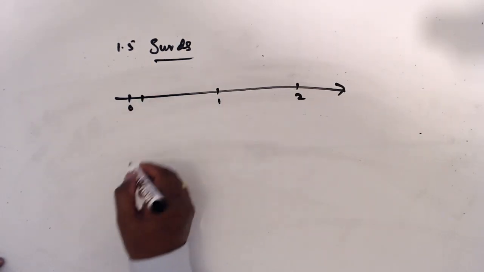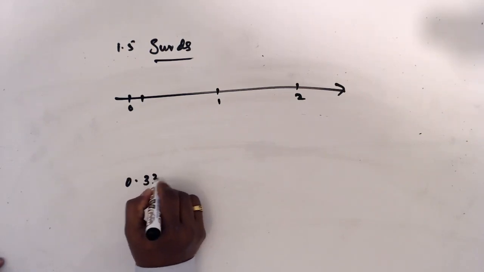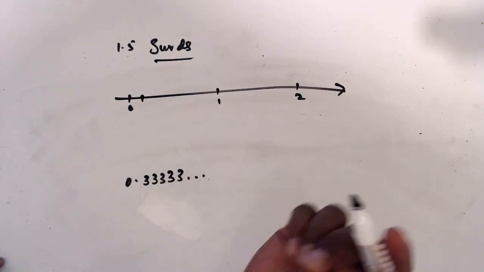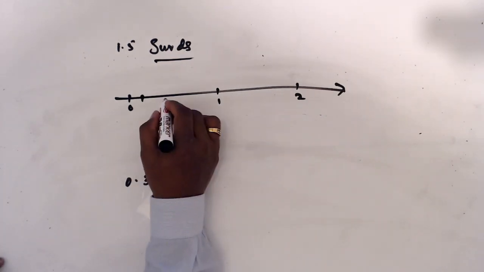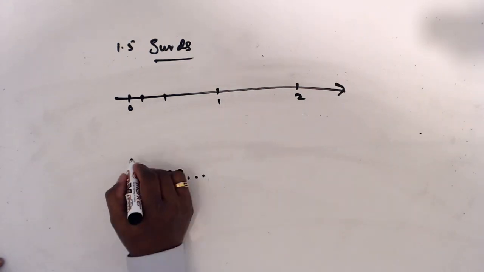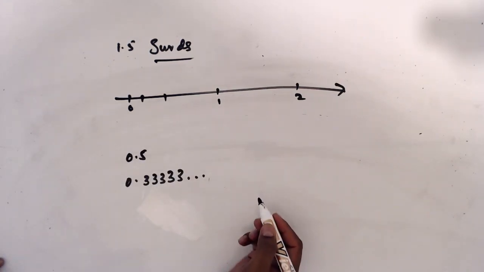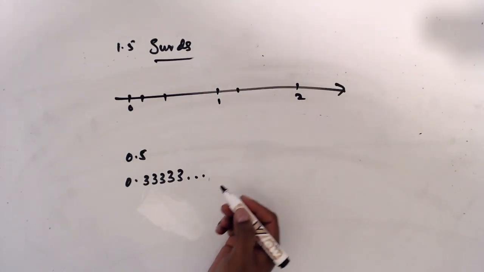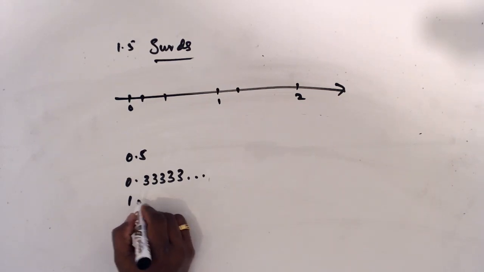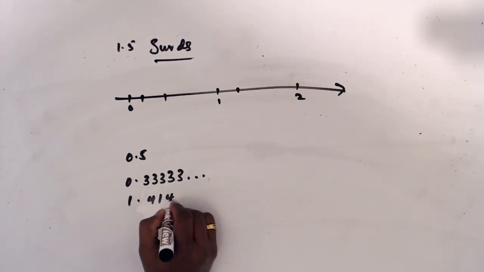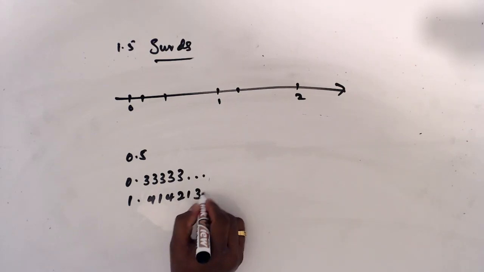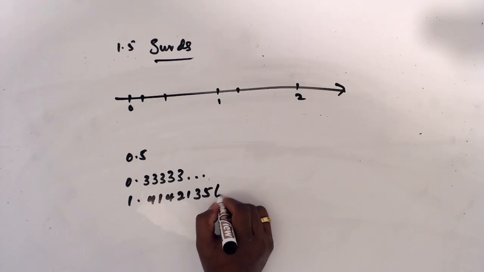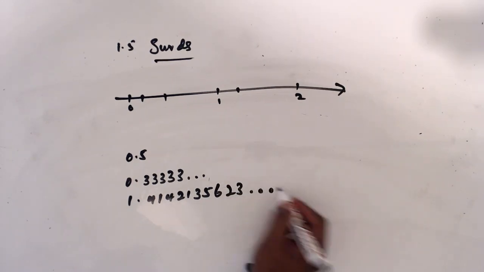This number, 0.33333 and so on, and another number, 0.5, and another number I'm going to take from here, 1.4142135623 and so on.